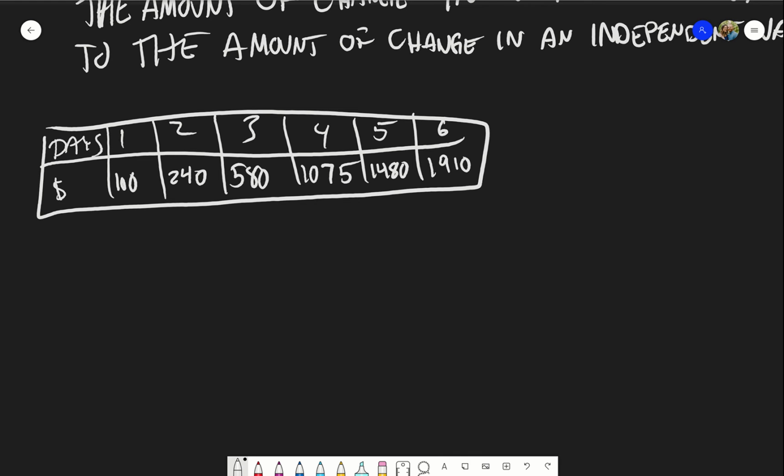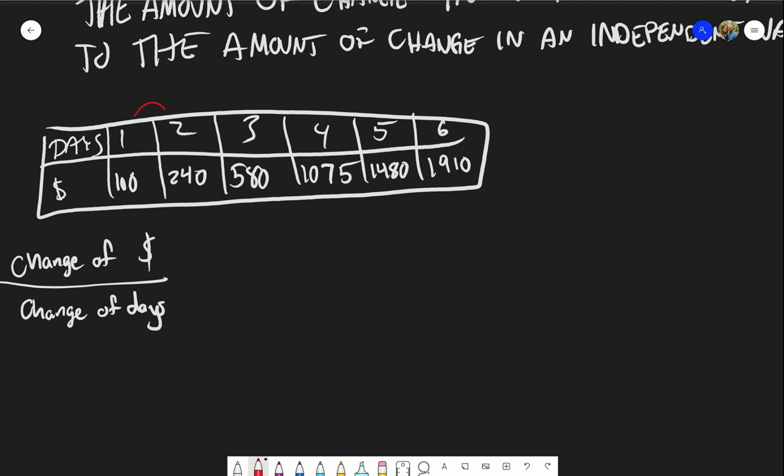of our jogathon? Well, to do that, I want to make a ratio of change of days over change of money, or rather change of money over change of days, for each pairing I have here.